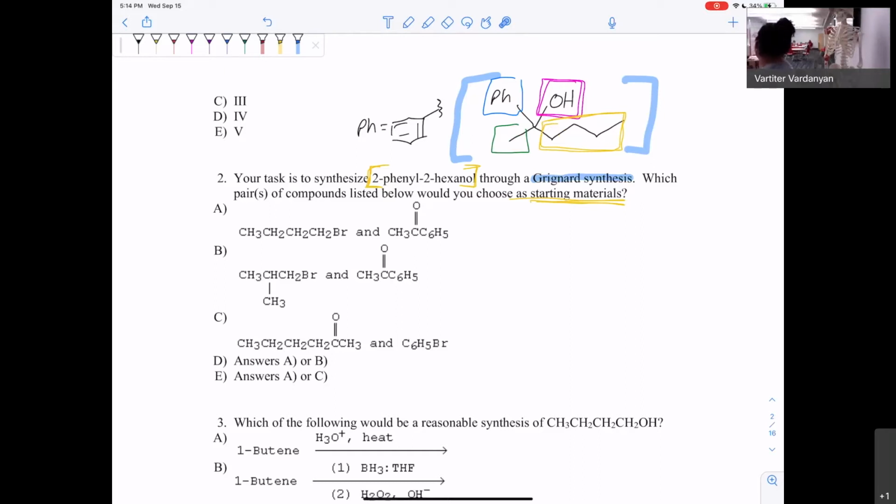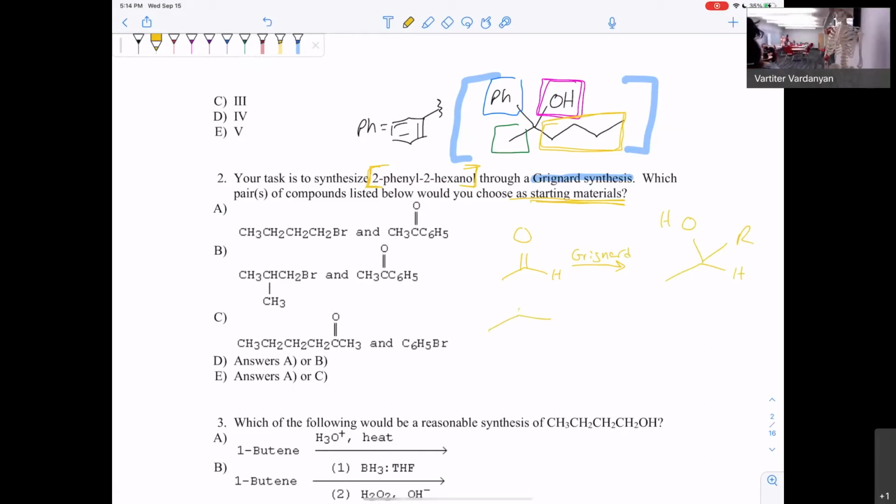Does anyone want me to repeat that explanation? Yes, okay. I know I started with a ketone because we have 3 unique carbon groups here. If I started with something else, let's say an aldehyde plus Grignard, I would end up with an alcohol like this. We don't have an H group present, so we couldn't have started with an aldehyde.